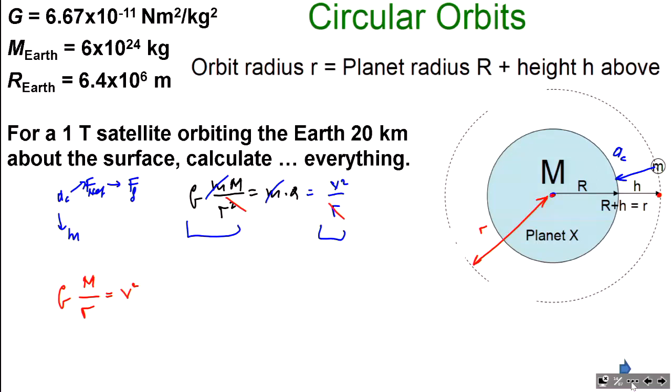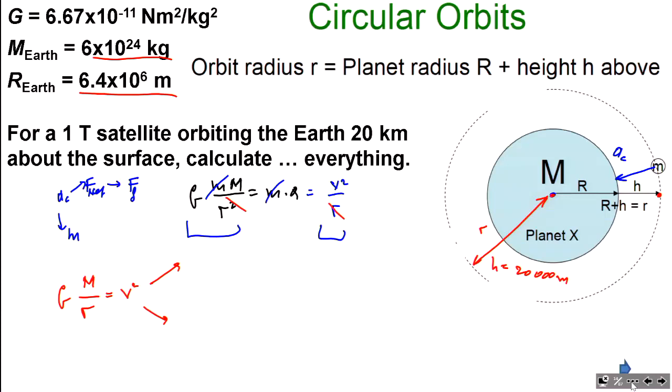And of course, in general, we have to know the altitude. The altitude is given, 20,000 meters. And we know the radius of this planet. We know the mass of this planet. So we can calculate speed squared. What do we do with that?